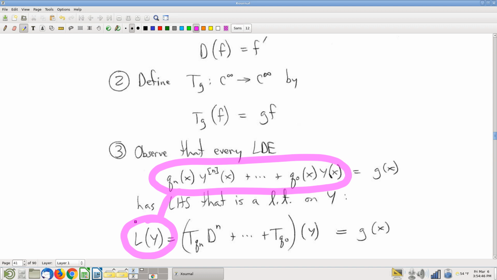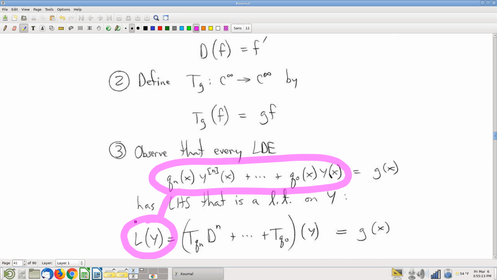We said, look, that's a lot to write down. This is unwieldy. I'm going to think of this as a process, the stuff I do to y, whatever y might happen to be. So the stuff I do, I'm going to call L. And we proved that L was linear, so this is also a linear transformation.